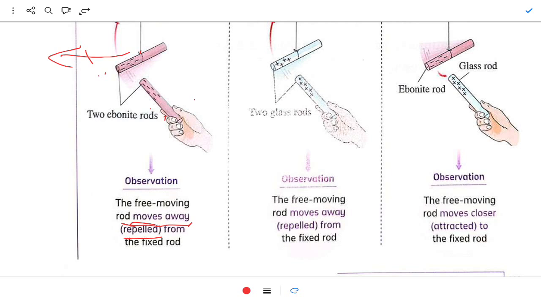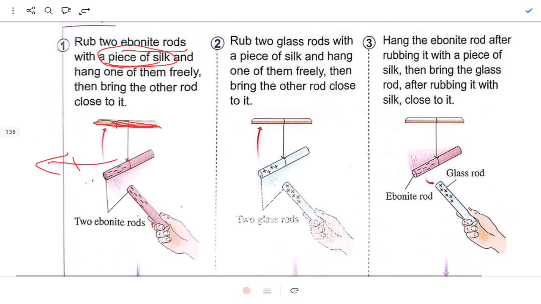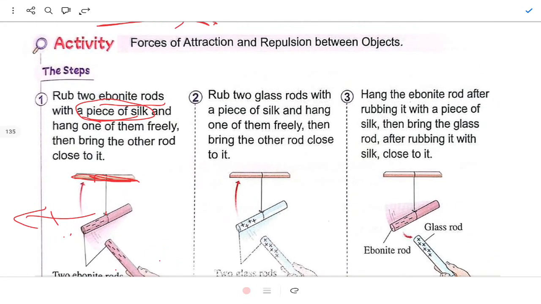From the rod. And in the second case, if you have two glass rods and you rub them with a piece of silk and hang one of them freely, then bring the other rod close to it, what will happen? The same thing will happen here. Why?